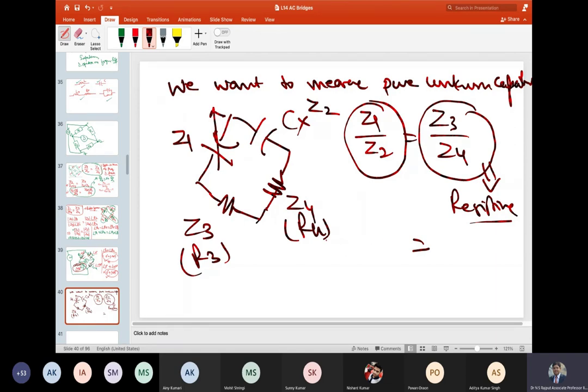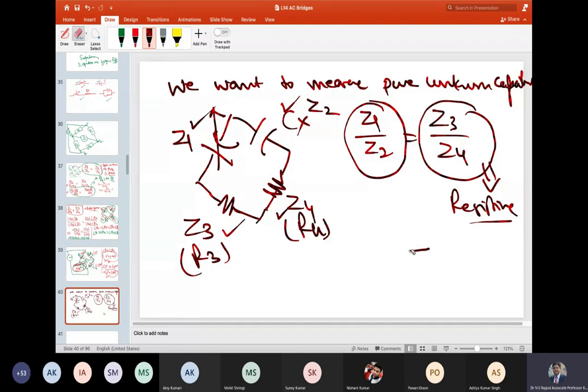so what will happen? Now I will receive a situation when this angle will get subtracted by this. This is purely resistive, right?